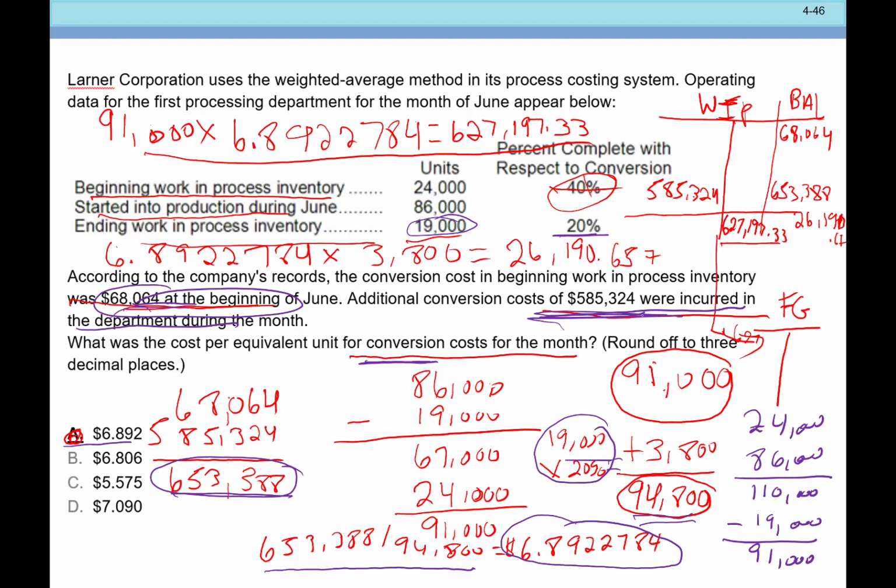We picked both those costs up, and then that became our total cost. Then on an equivalent unit basis, you divide that by the equivalent units of production. That gives you the equivalent unit cost per unit for our conversion, right? Okay.